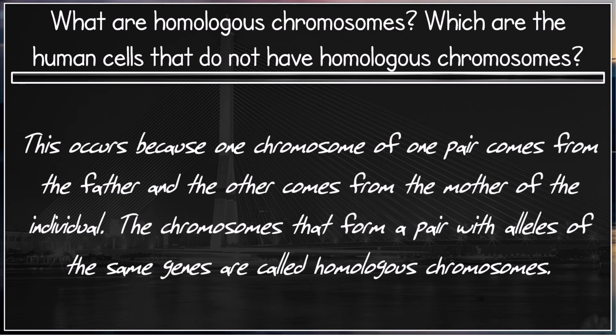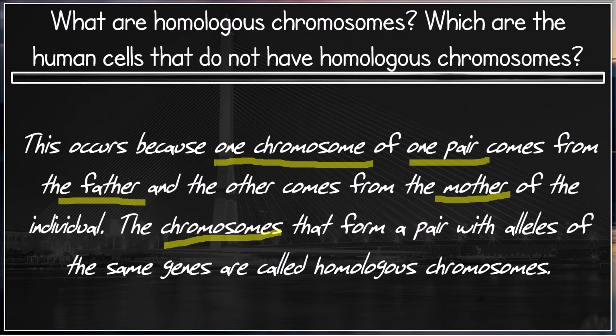This occurs because one chromosome of one pair comes from the father and another one comes from the mother of the individual. The chromosomes that form a pair with alleles of the same gene are called homologous chromosomes.